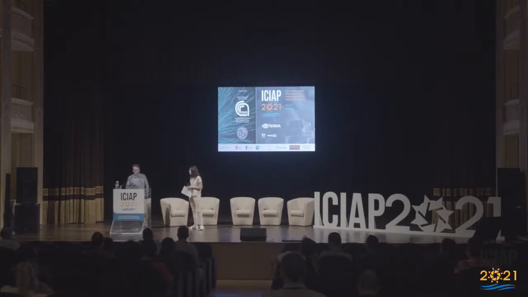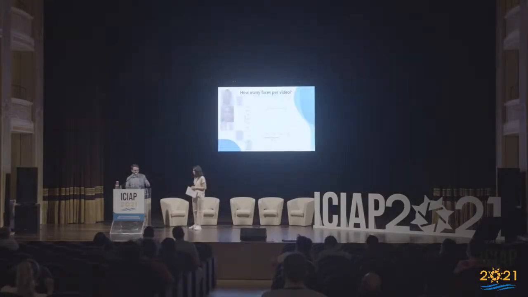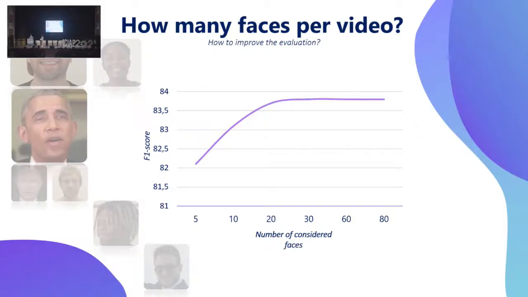We conducted our experiments by first detecting all the faces inside the video. Then we selected faces with similar distance in time, and started testing the model using only 5 faces distributed inside the video and looking at the F1 score.